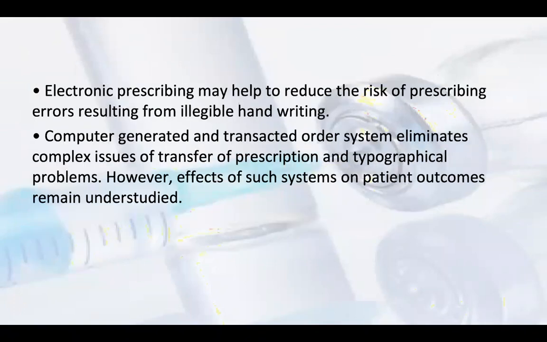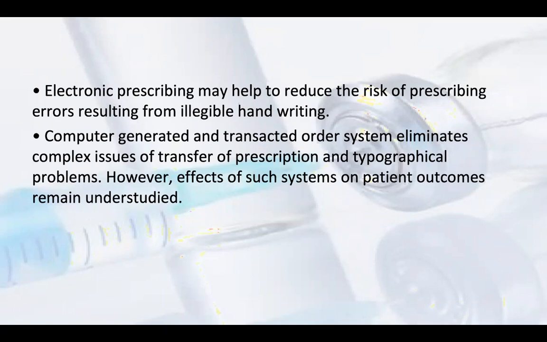Electronic prescribing may help to reduce the risk of prescribing errors resulting from illegible handwriting. So nowadays, mostly in good hospitals, they are prescribing on electronic gadgets. Mostly computerized prescriptions are generated from inpatient wards to the pharmacy.